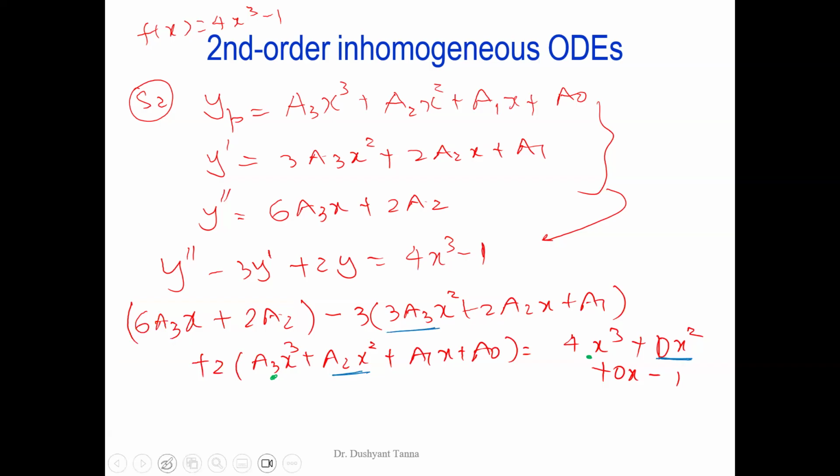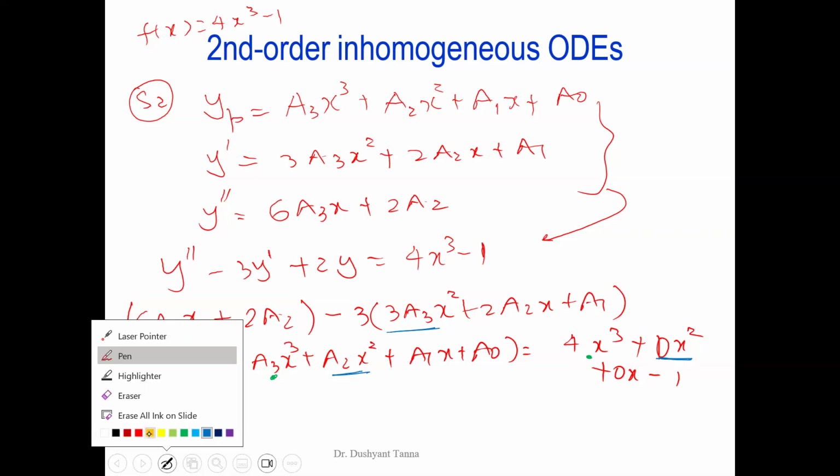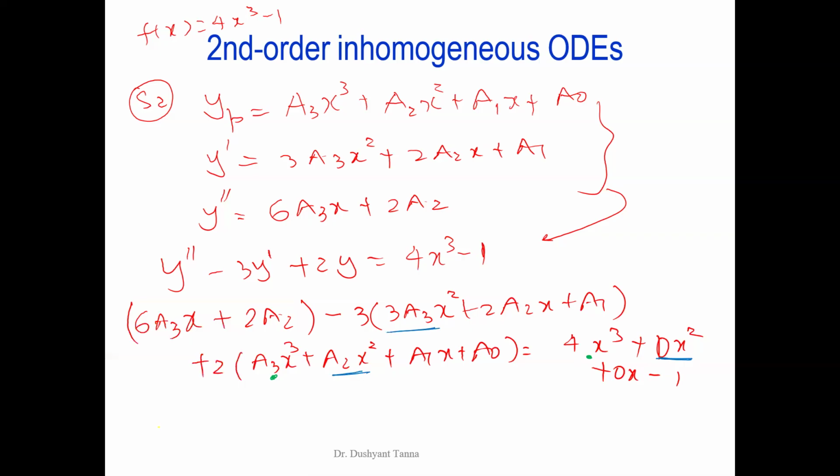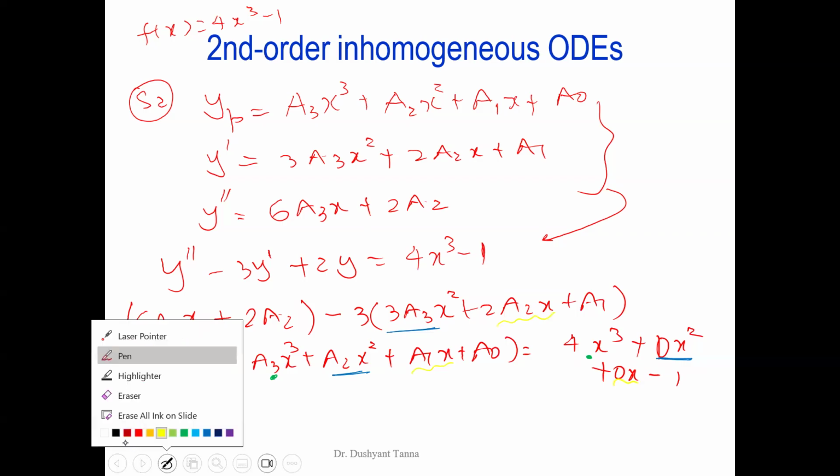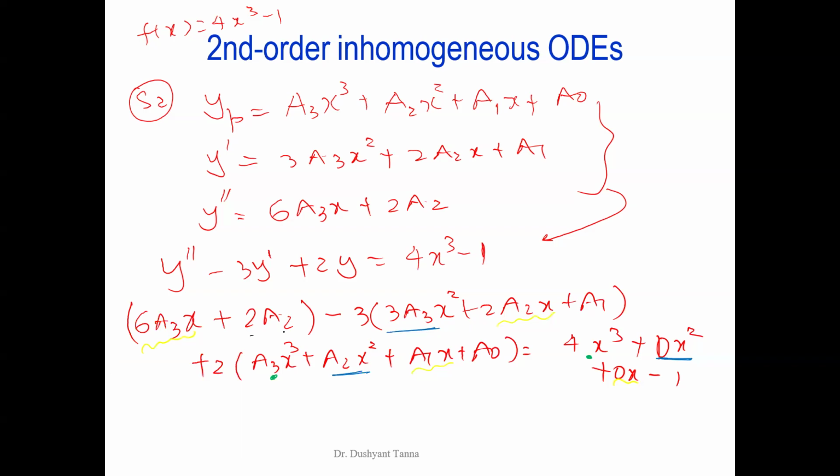Now I use yellow, sorry for that, for the x terms. This is an x term, this is an x term, this is an x term, and this is an x term. And finally, any color that I haven't used, black. Constants: this is a2, this is a1, a0, and that will be minus 1.